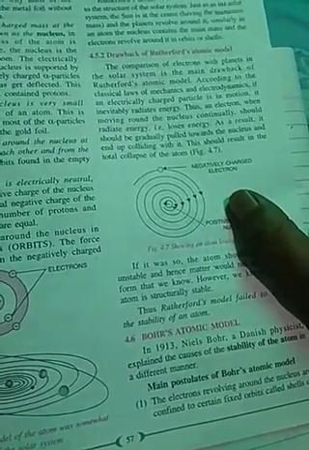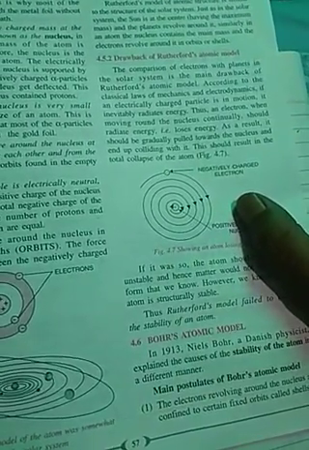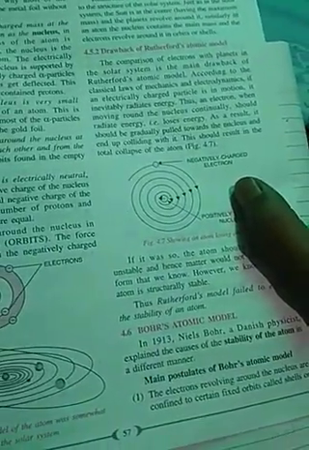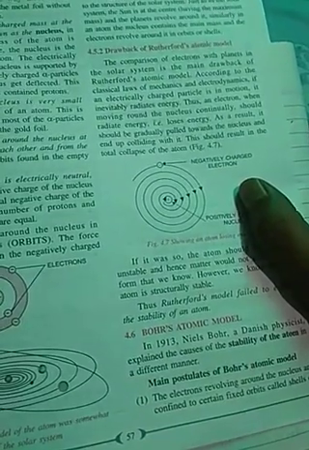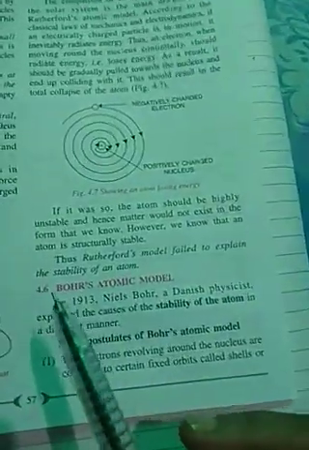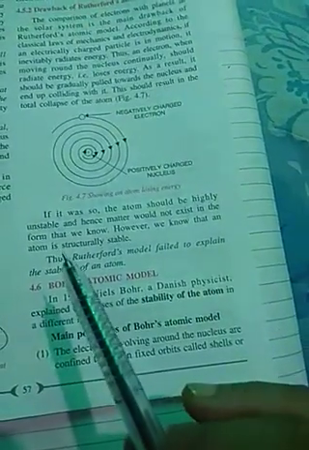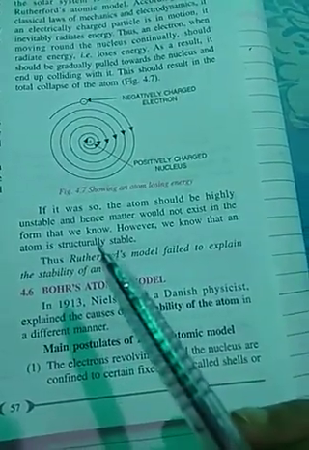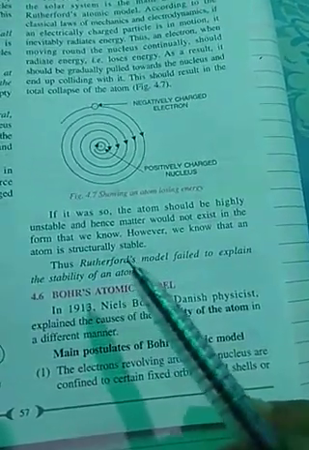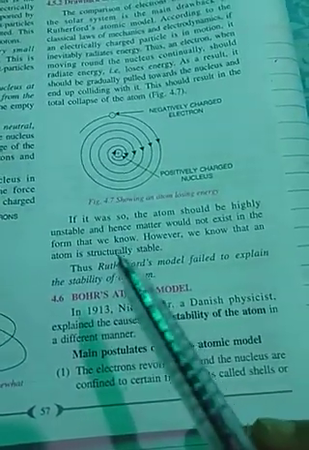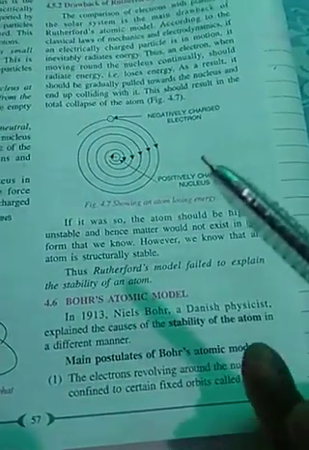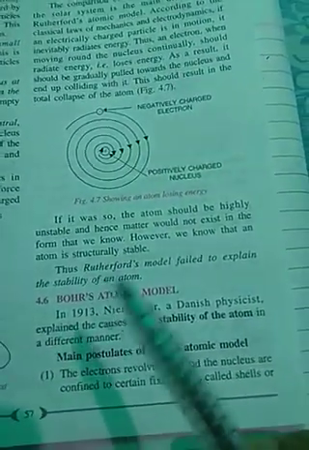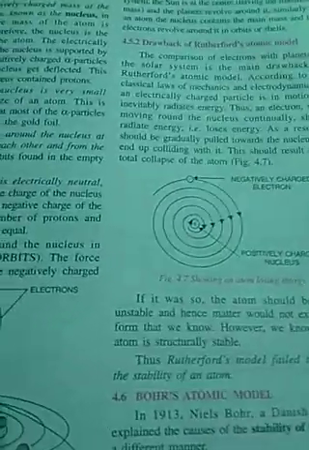Because electrons are negatively charged and protons are positively charged, and opposite charges attract each other. But it never happens. If electrons fell on the nucleus, the atom would be destroyed, but atoms are stable, we know. So Rutherford failed to explain the stability of the atom.